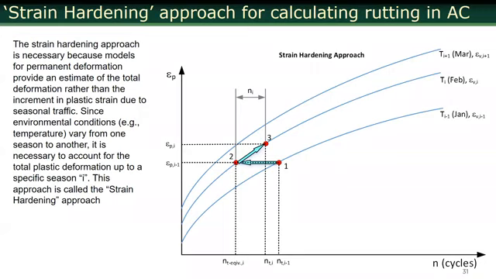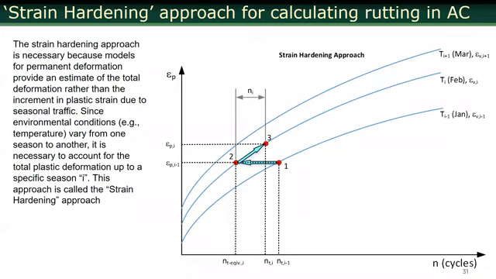If you remember, our curve for plastic strain versus cycles in the lab is nonlinear in linear scale, but when you plot it in log, it becomes linear. This equation is based on the cycles, so there is a strain hardening effect.